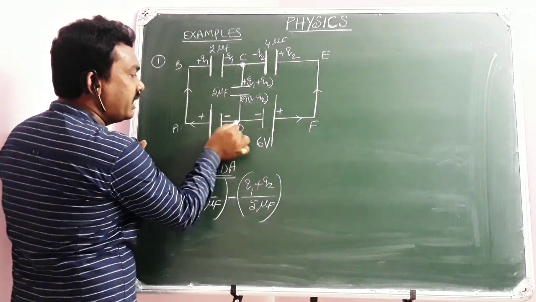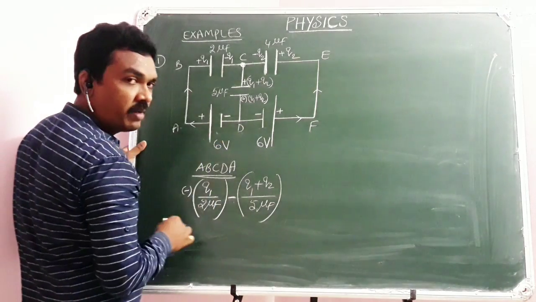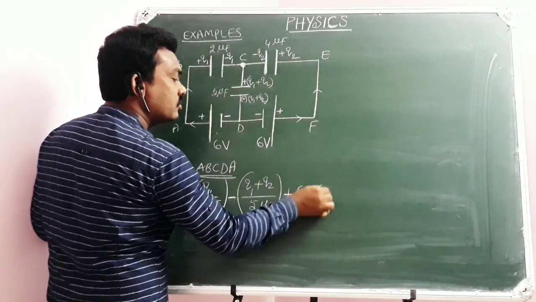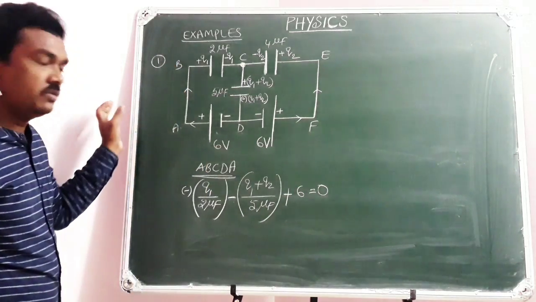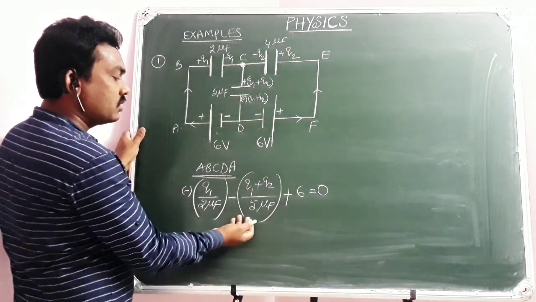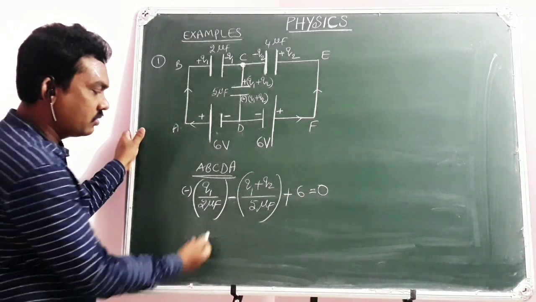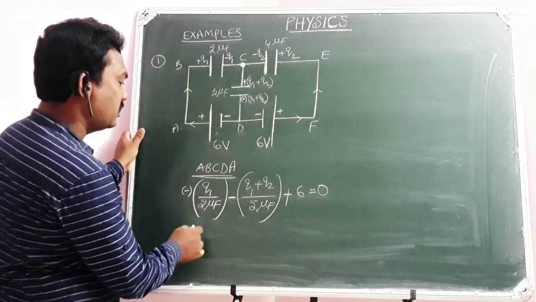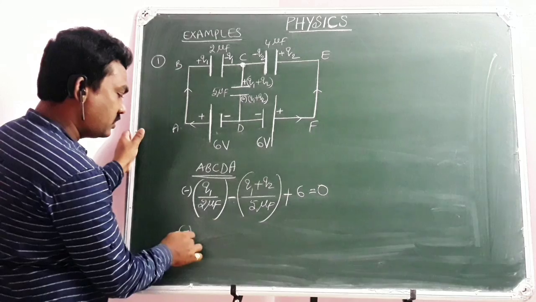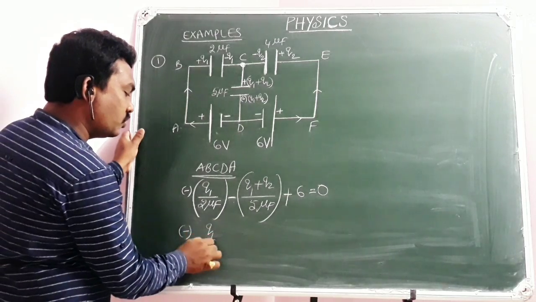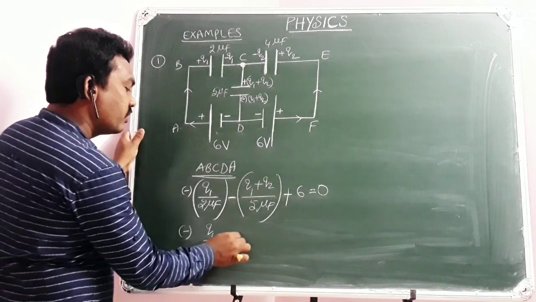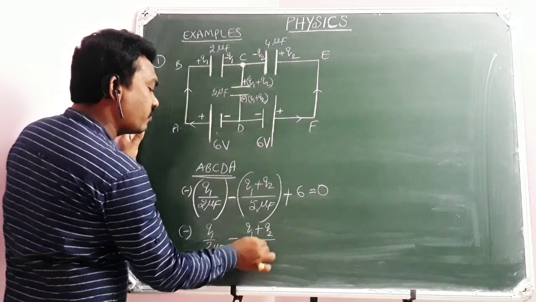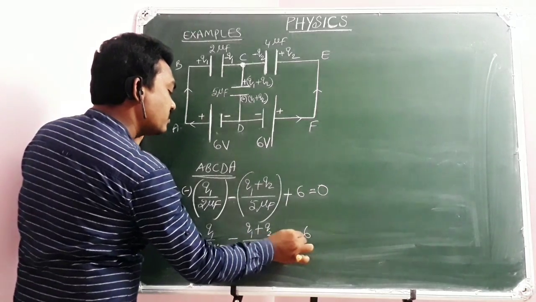Next, D to A, negative terminal to positive terminal of battery, potential rise. So plus 6 volt equal to 0. If you simplify this, we get minus Q1 by 2 microfarad, minus Q1 plus Q2 by 5 microfarad, equal to minus 6.